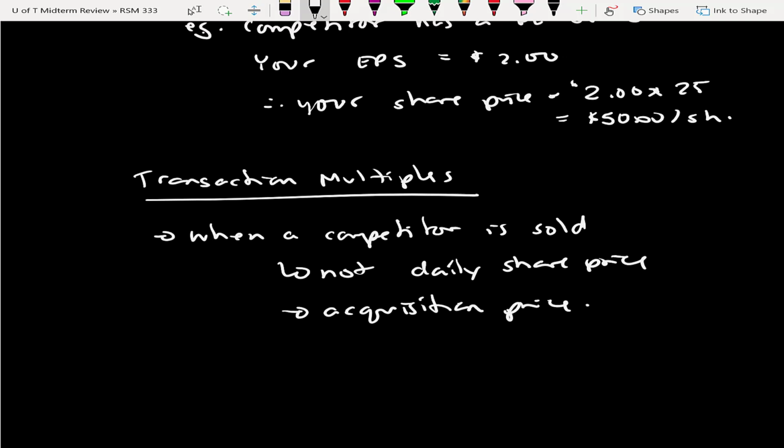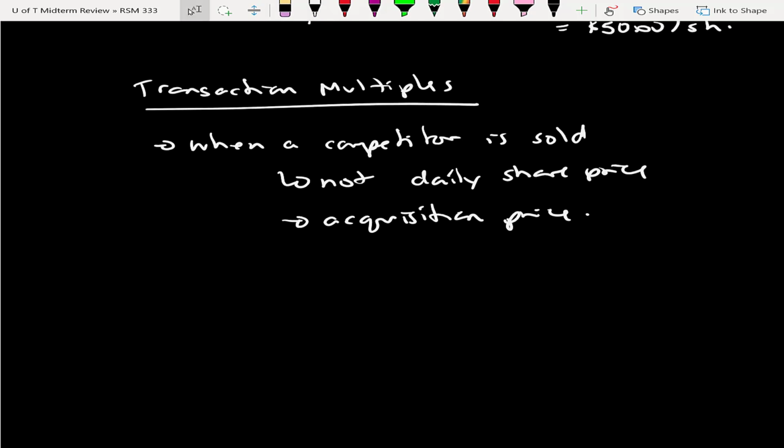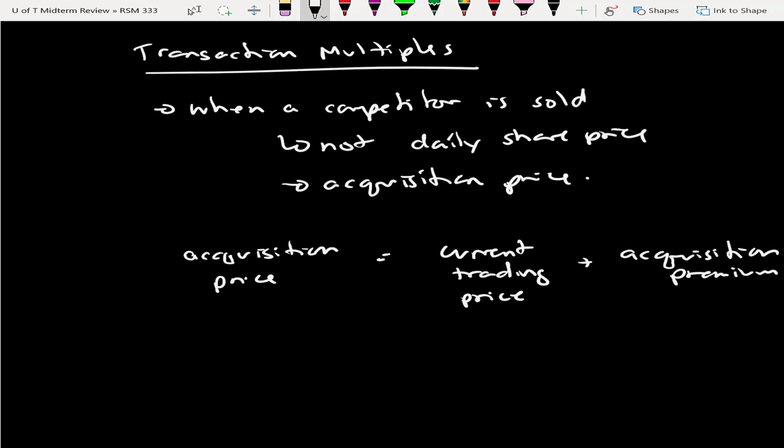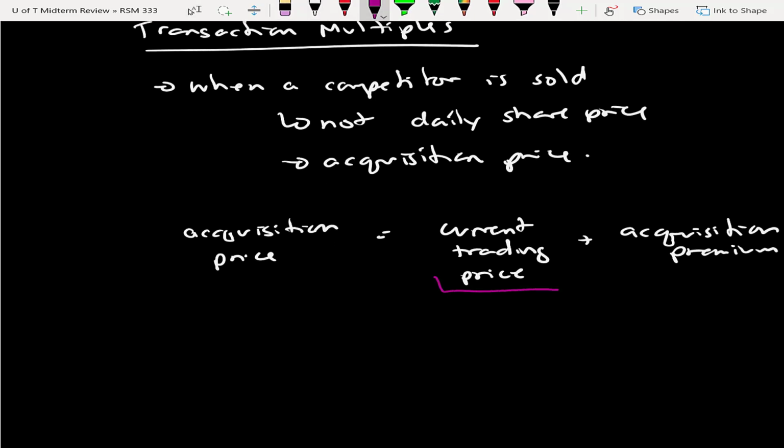So the price for the whole company, not just the price for one of the shares of the company. And the reason this is important is because usually when you look at an acquisition price, what the buyer actually paid for the company, it's going to equal the current trading price, which is used for trading multiples, plus an acquisition premium. So usually you have to pay more than the current value to entice current shareholders to sell it.